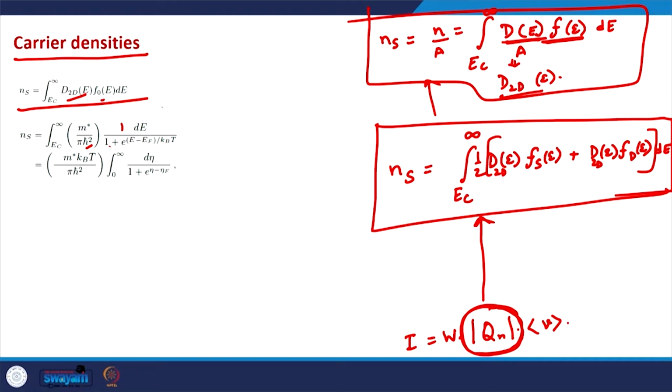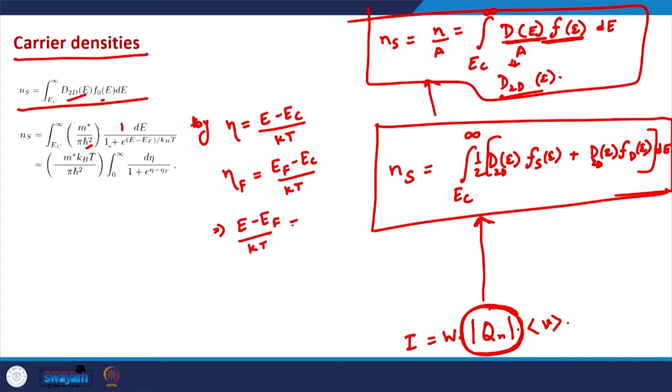Now this integral is again transformed into a Fermi-Dirac integral by replacing the variables: eta is defined as E minus E_C by kT and eta_F is defined as E_F minus E_C by kT. Which means that E minus E_F by kT is actually eta minus eta_F.